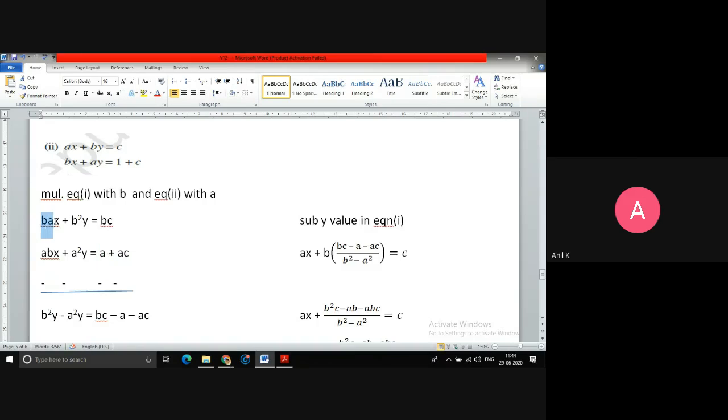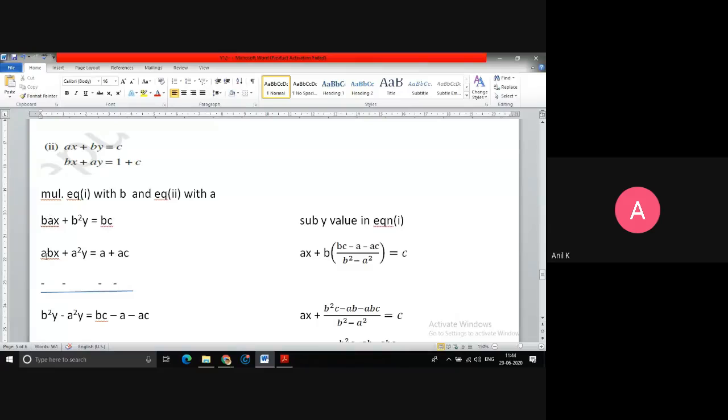Now here it is bax, here it is abx; ba or ab, it is the same. I got the x coefficients the same, with the same sign. This is also plus, equation 2 is also plus. So what I do is I change the signs: plus becomes minus, so plus a square y becomes minus a square y, plus a becomes minus a, plus ac becomes minus ac.